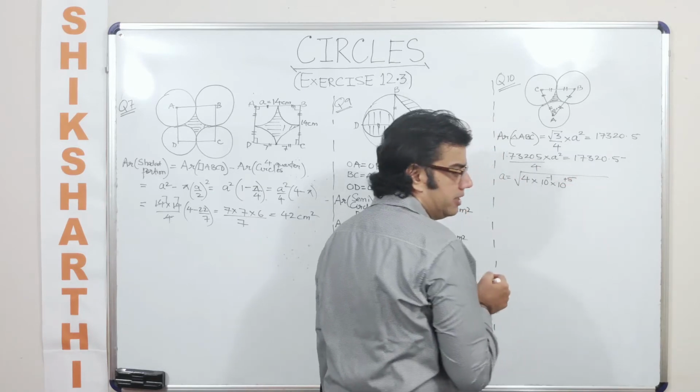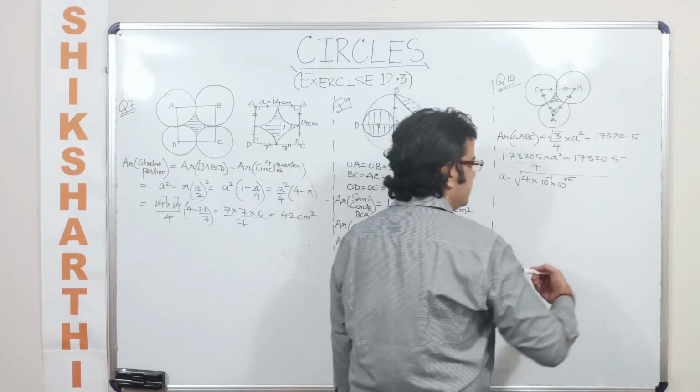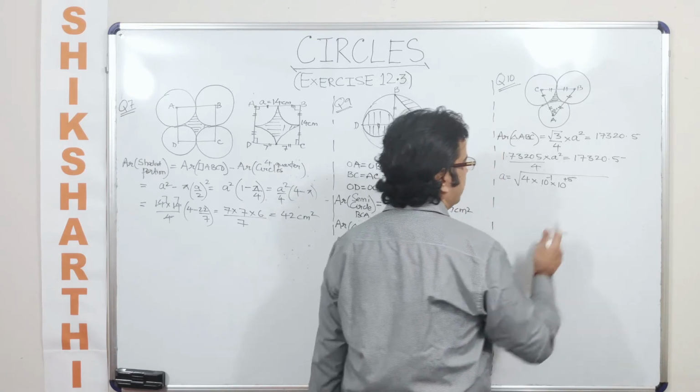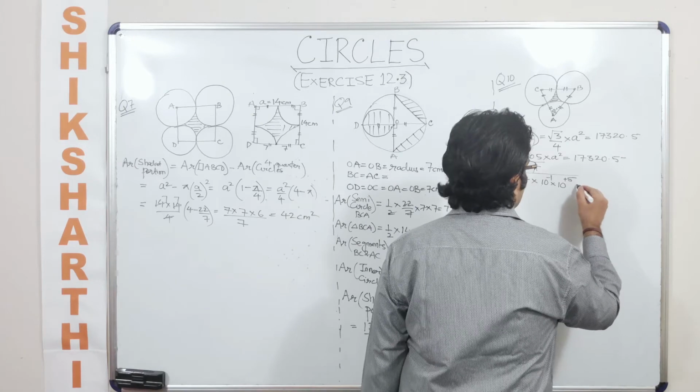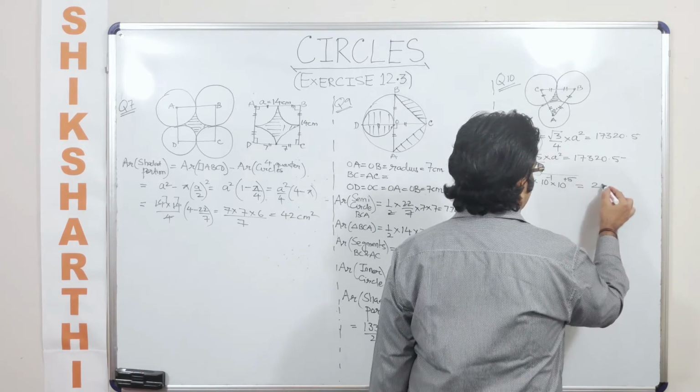So it was divided by 10 to the power minus 5. When you divide by 10 to the power minus 5, you are multiplying it by 10 to the power 5. So eventually you'll be able to say that the value of A is nothing but.